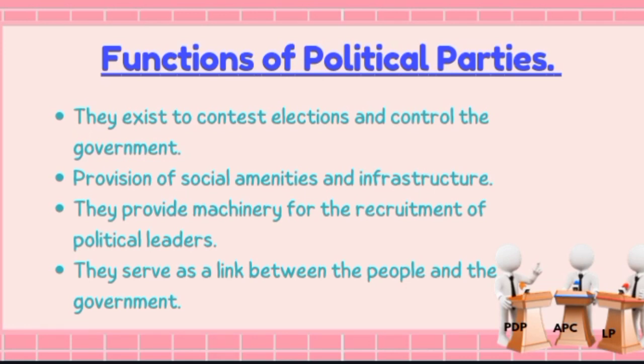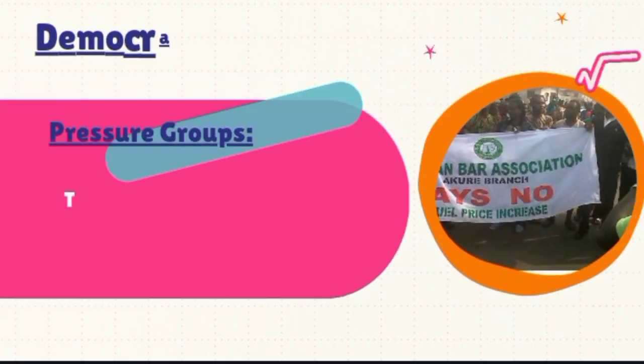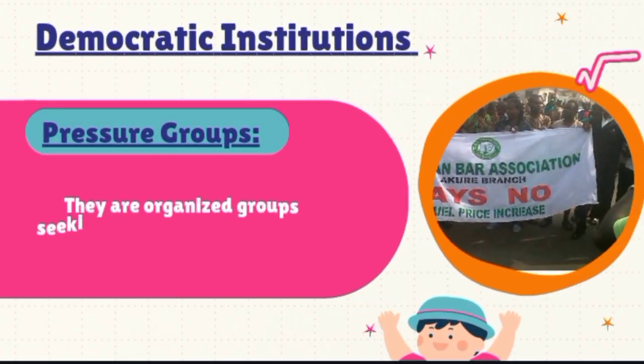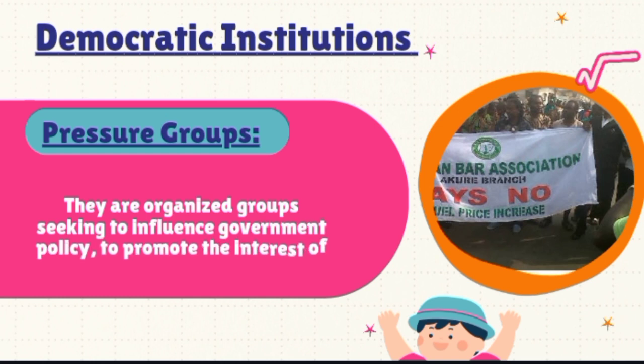Then we have number 3, the pressure group. A pressure group is an organized social interest group formed with the main aim of pursuing the interest of its members and also to influence government policies.